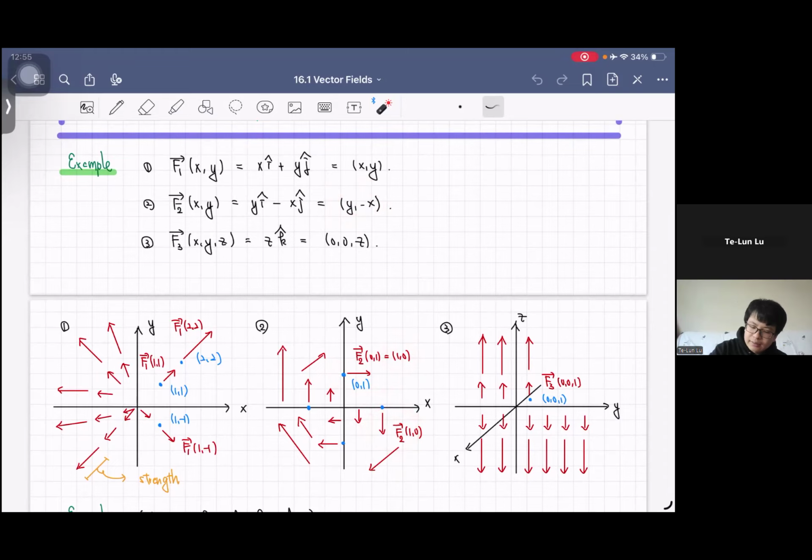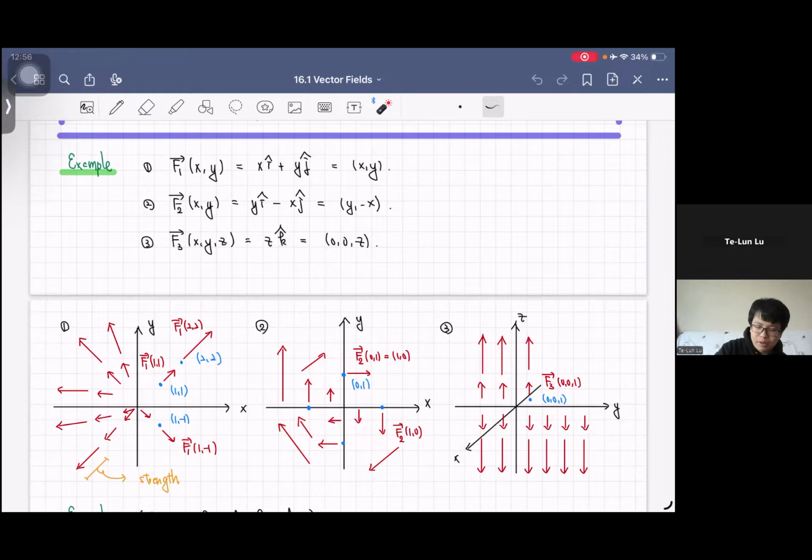Since the dot product between this vector and the position vector is always 0, the vector field is always orthogonal to the position vector, like this, or like this. So it is sort of a circling vector field if you draw it out.